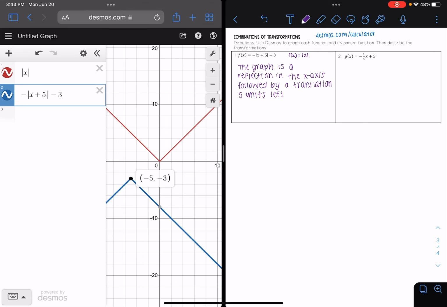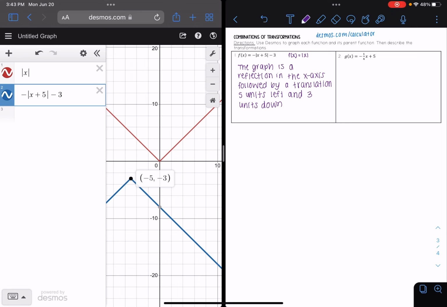And then I see it also went down 3 units from the parent function. Okay, so that is that one.